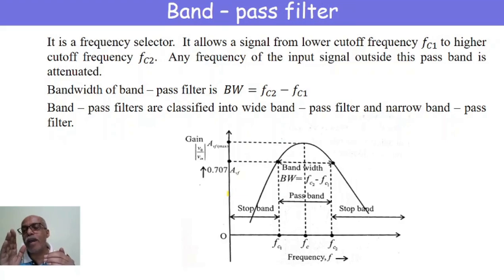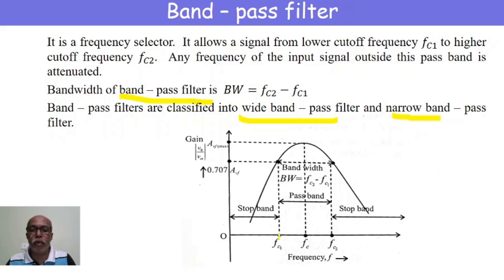Similarly, frequencies above the higher cutoff frequency are also not allowed to pass through. The difference between those two cutoff frequencies is called the bandwidth of the band pass filter. These band pass filters are classified into two types: one is the wide band pass filter and the other is the narrow band pass filter.